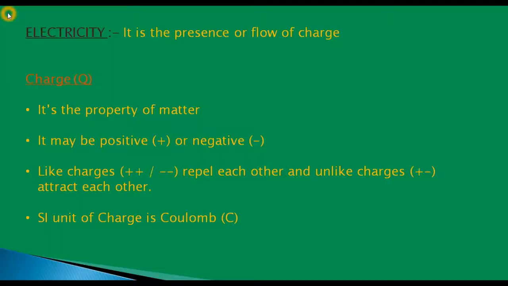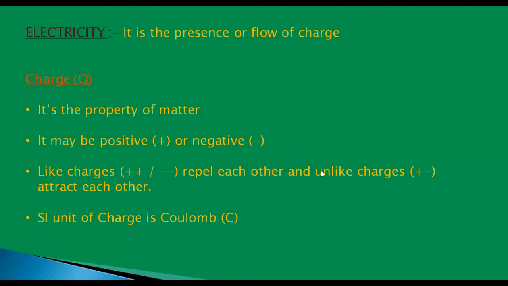There's one more important property of charges: like charges repel each other and unlike charges attract each other. Like charges means same charges. If both charges are positive, or both charges are negative, then these are same charges and similar charges always repel each other.